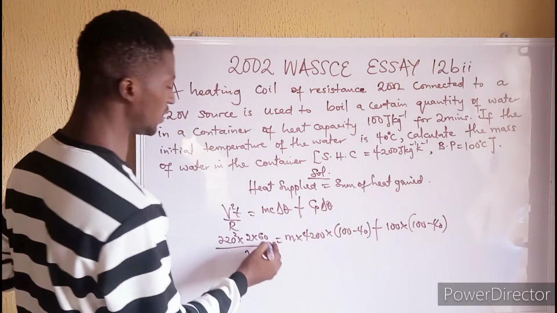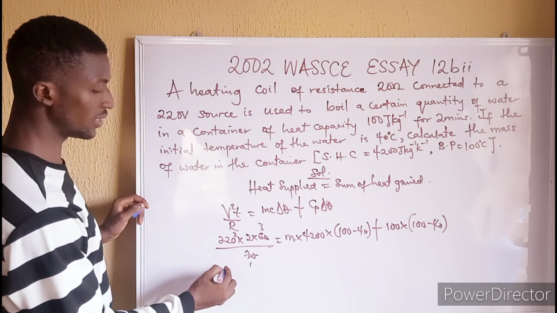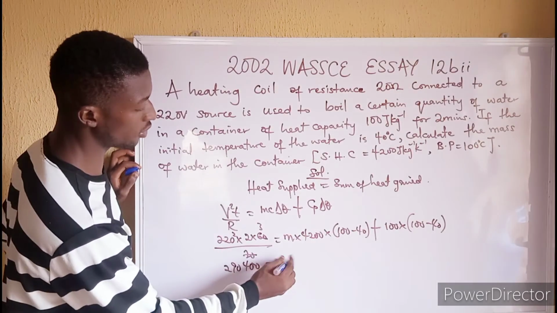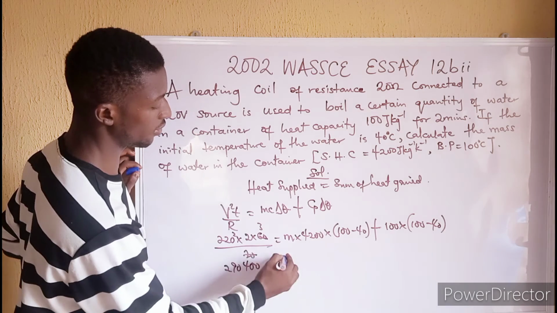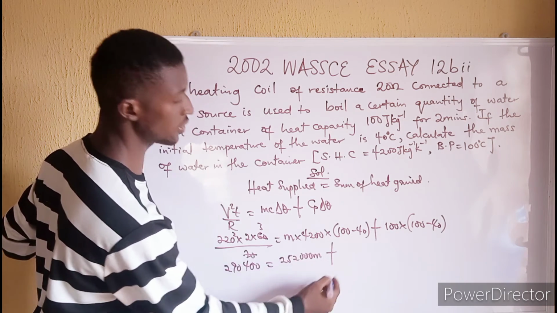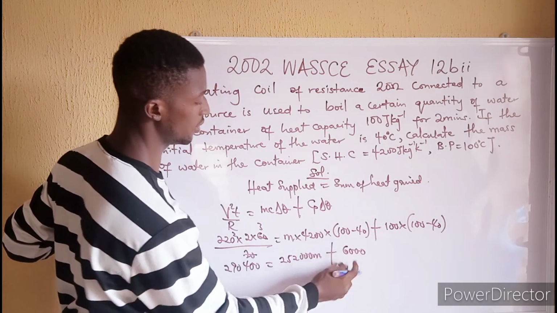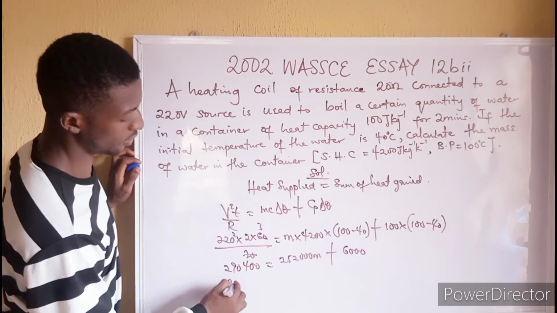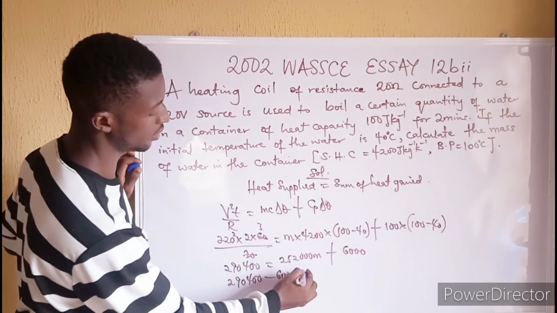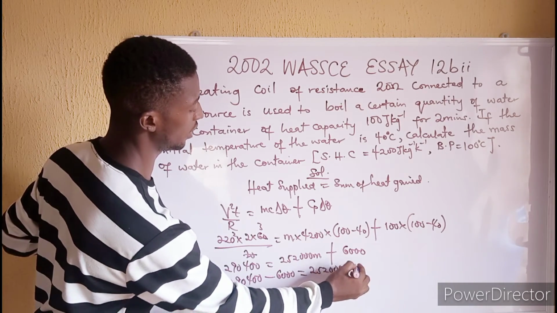So when we express all of this, we can multiply this out and we will surely get 290,400, and when we multiply all of this together, it will give us 252,000 m plus 100 times 60, and that will give us 6,000. Bring your 6,000 to this side, so you have 290,400 minus your 6,000, which equals 252,000 m.